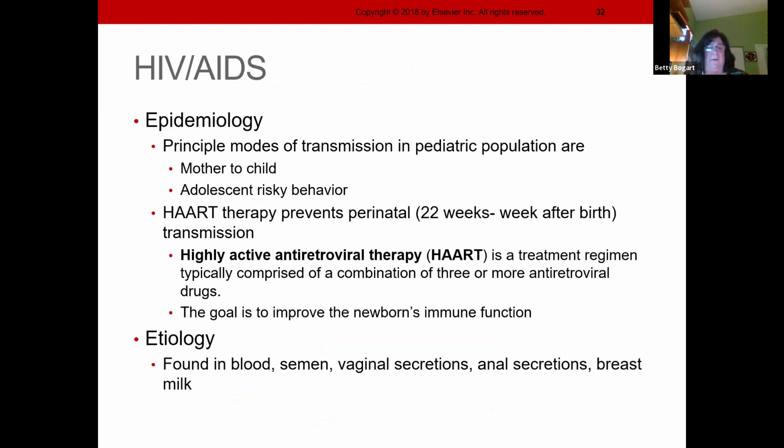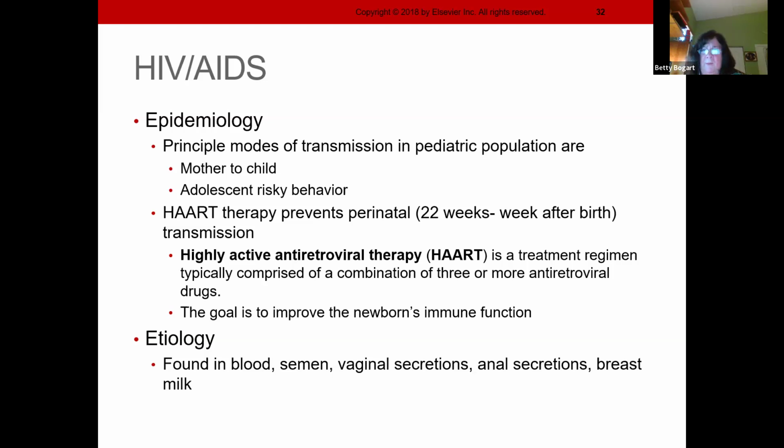HIV/AIDS, in this case here, we're talking about how do they get it? A lot of times it comes from mommy in pregnancy and it gives the infant it. They have been working on this HAART treatment, that highly active antiretroviral therapy, and we usually start that at 22 weeks gestation, and then giving it to the child even after birth.